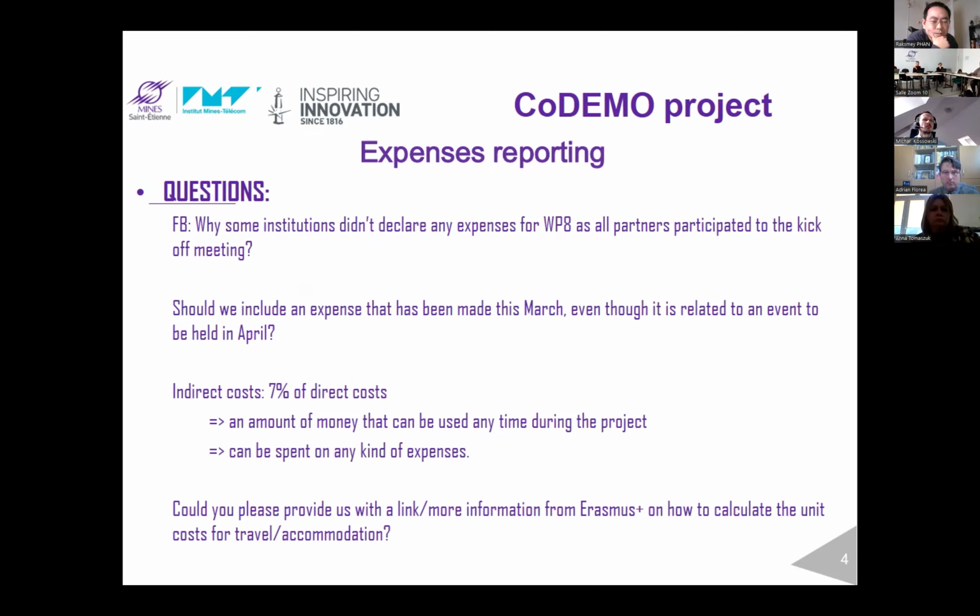I had another question. Could you please provide us with a link, more information from Erasmus Plus on how to calculate the unit costs for travel and accommodation? I'm not sure I understand this question, in fact, because you have already declared these unit costs in the proposal.